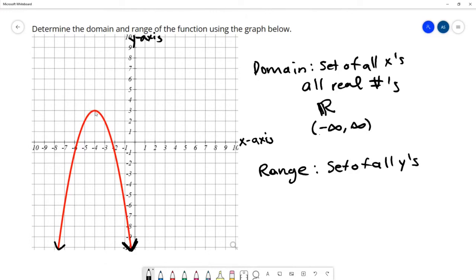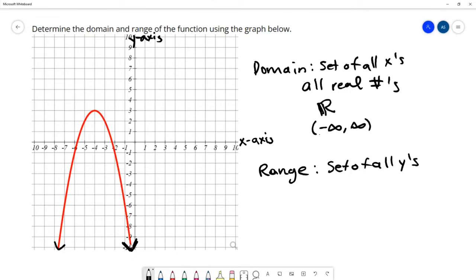And we can see that on this picture, we get to a peak and then we turn around. So our highest y value is 3. And all of these other y values that are below 3 are found on the graph. And remember, we have those arrows indicating it goes on forever.